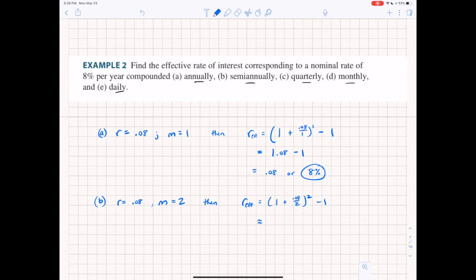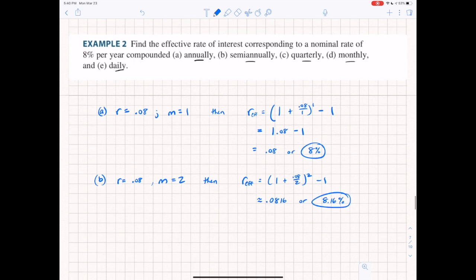I would encourage you to do so as well. I get an effective rate of approximately 0.0816 or 8.16%. So notice that the effective interest rate that we're actually earning if I compound semi-annually is more than just 8%. So see how that's kind of misleading from the given annual interest rate. And so let's look at C now.